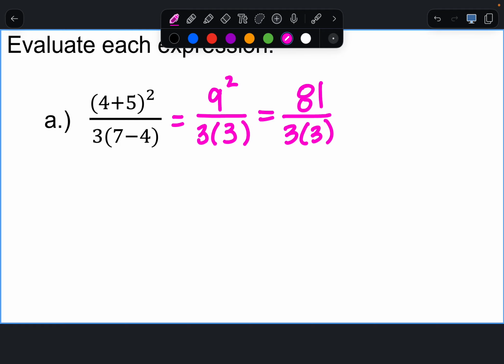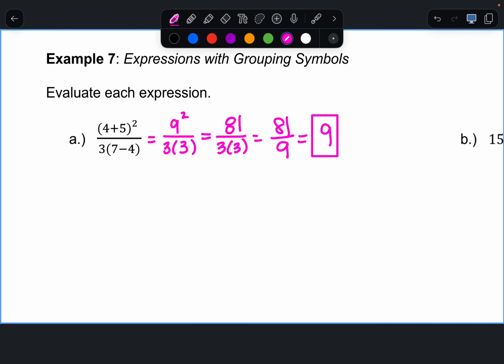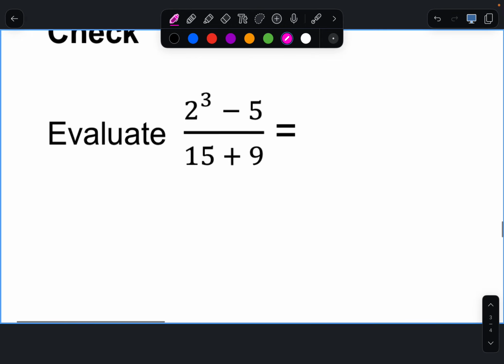So parentheses, we have that, then we do exponents, 2 times 2, or 4 times 2 is 8. 8 minus 5 is 3.